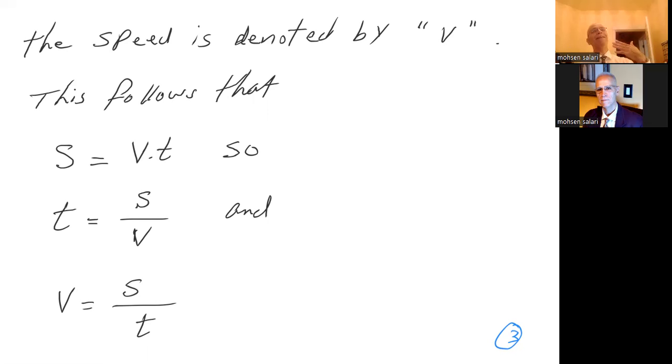That's the linear distance. So S equals V times T, or velocity times time. That follows that T equals the linear distance of that arc divided by velocity, and velocity is S divided by T. Let's go to page 4.